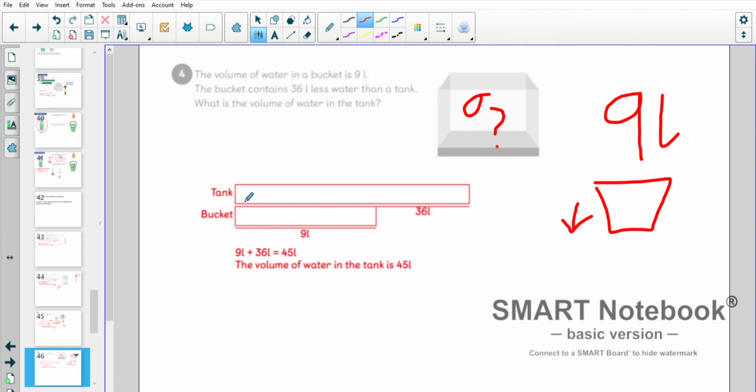So the tank's the biggest. The tank is 36 more than the bucket, which is 9 litres. So if we're trying to work out the whole of the tank, we need to get the 9 litres plus the 36 litres to get 45 litres.